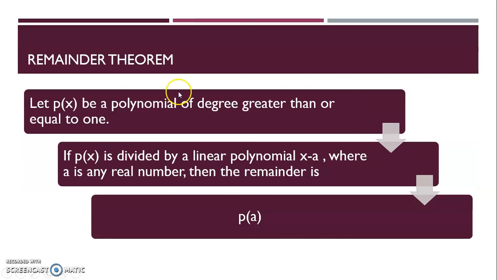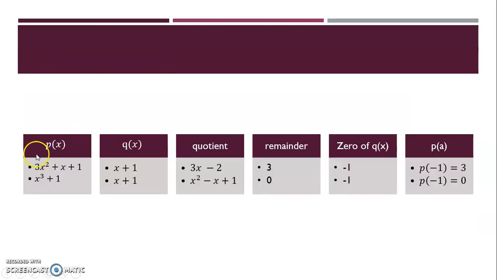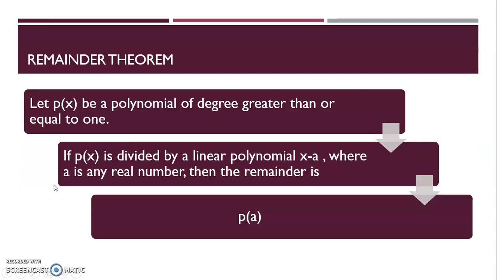So based on this, we can formulate the theorem known as the remainder theorem. Let p of x be a polynomial of degree greater than or equal to 1. So we took some polynomial of degree greater than or equal to 1. If p of x is divided by a linear polynomial x minus a.